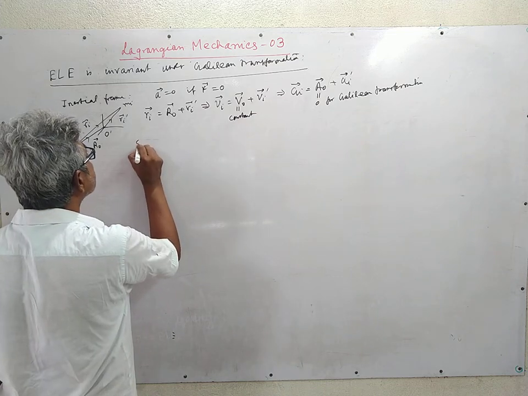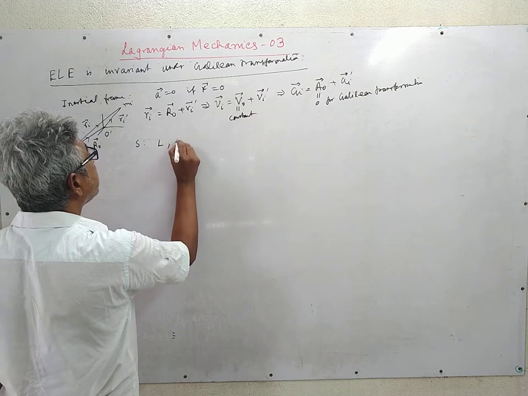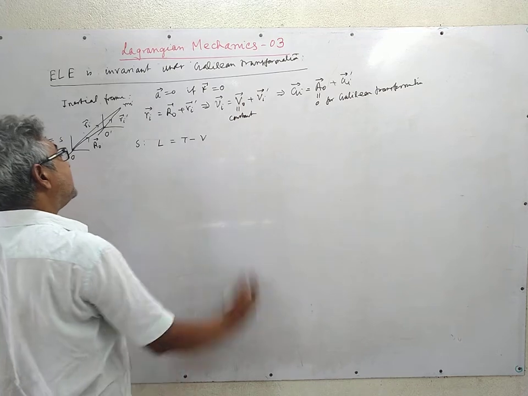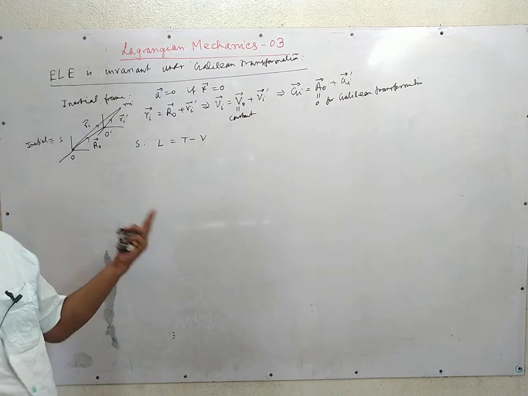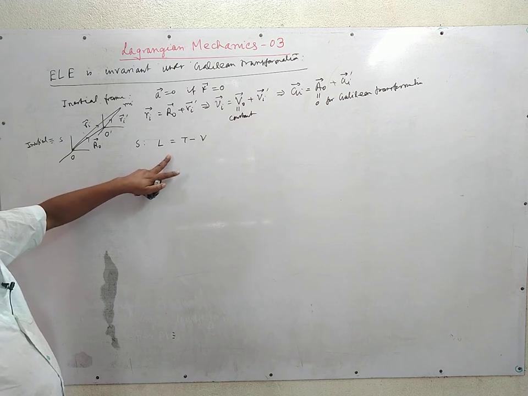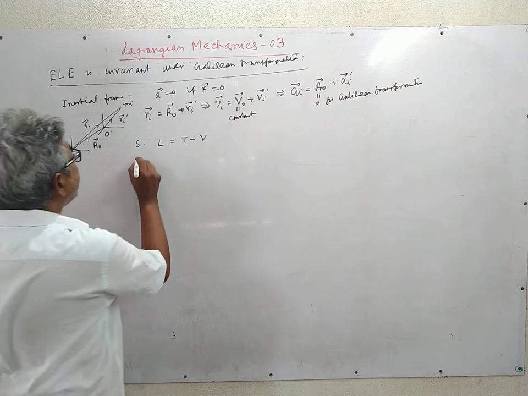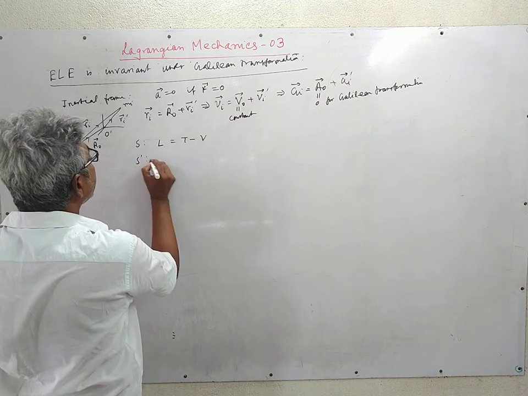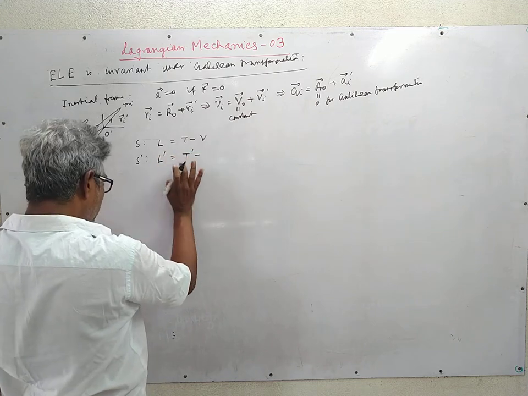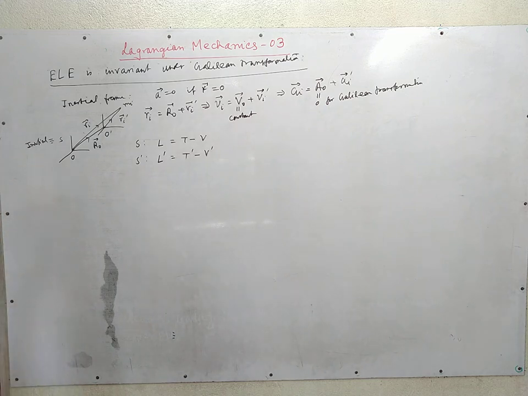When viewed in S, we express the Lagrangian in terms of kinetic energy and potential energy, where the quantities are expressed in terms of the ri dots and t. And when viewed in the S prime frame, we write L prime. It is the kinetic energy in the prime frame minus the potential energy in the prime frame.